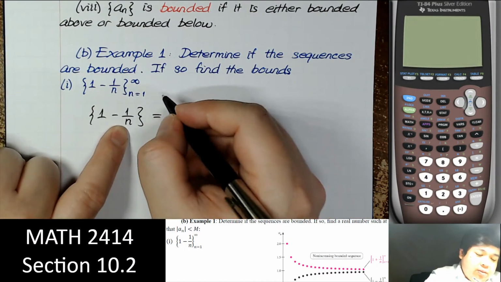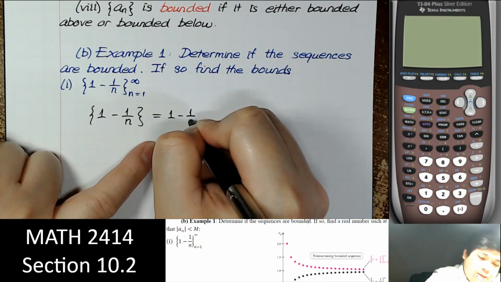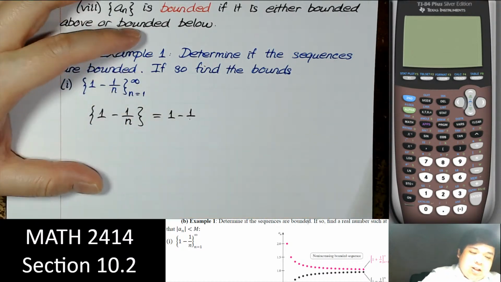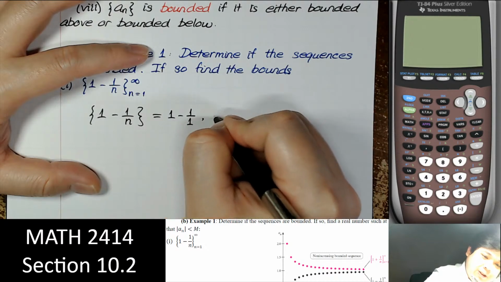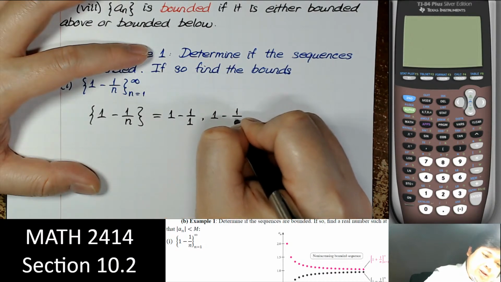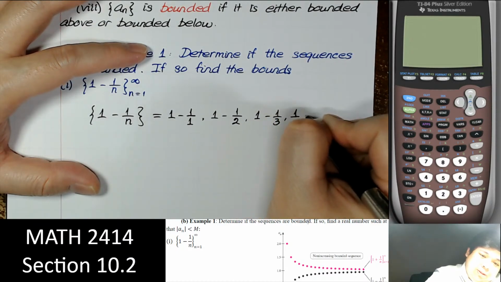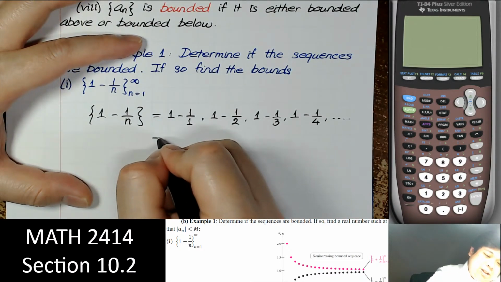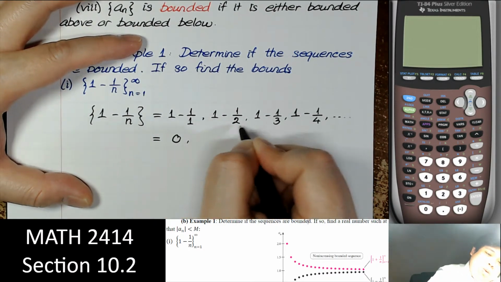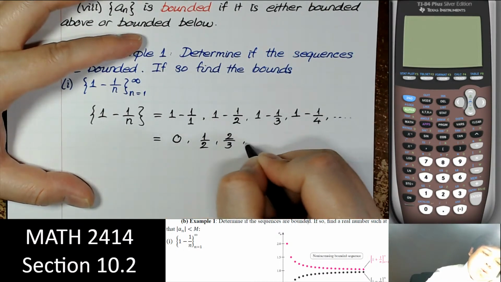When n equals 1, 1 minus 1 is 0. 1 minus 1 half is 1 half. 1 minus 1 third is 2 thirds. 1 minus 1 fourth is 3 fourths.